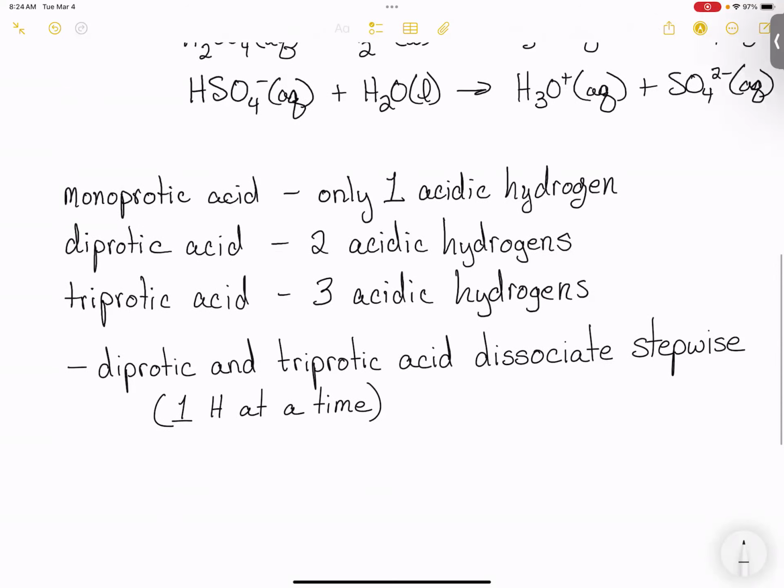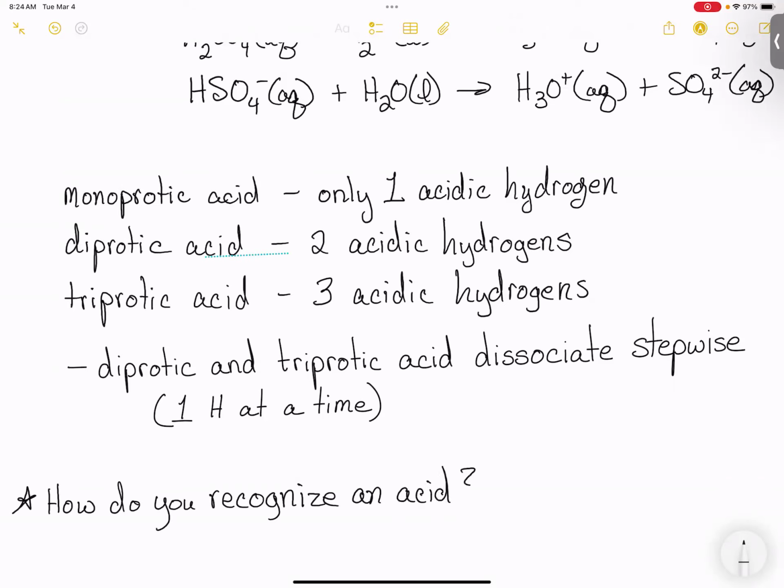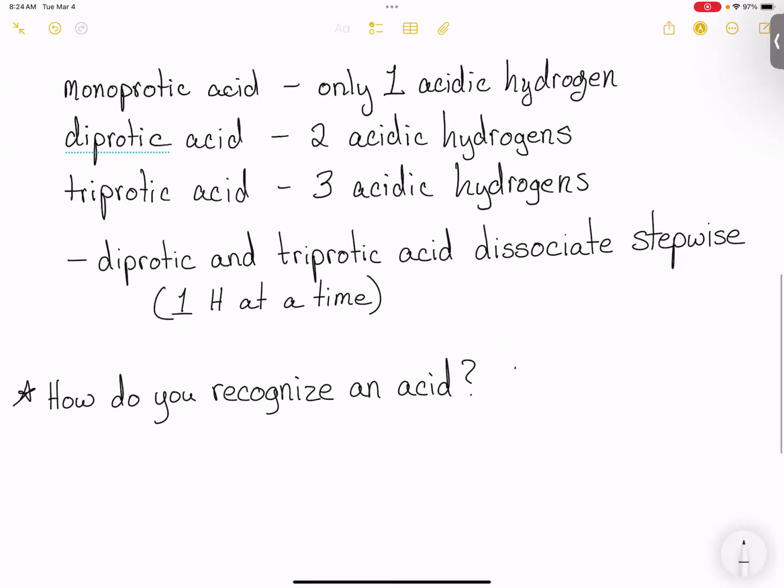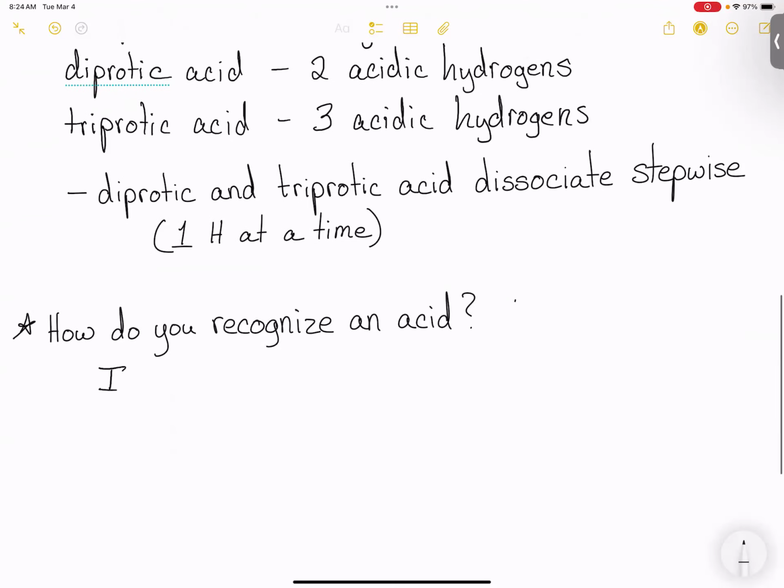Okay, so how do you recognize an acid? It depends upon the type of acid.